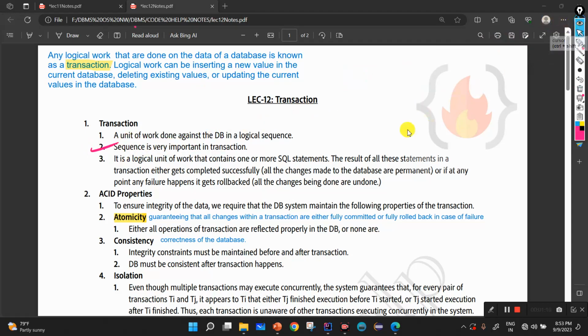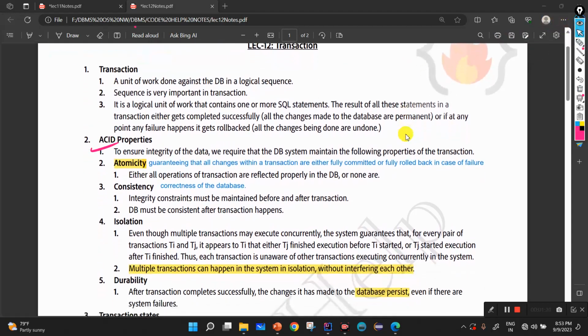Now the important question that arises here is the ACID property. ACID stands for atomicity, consistency, isolation, and durability. So what is atomicity? First of all, read this line: to ensure integrity of the data, we require that the DB system maintain the following properties of the transaction.